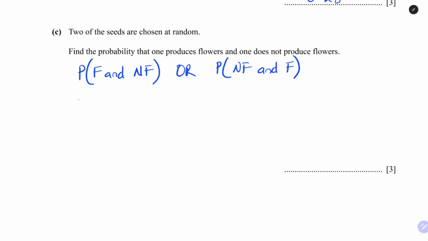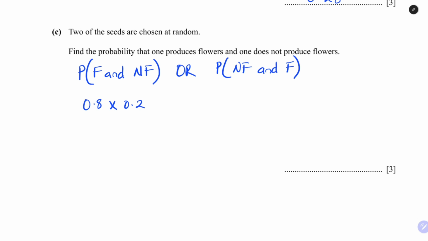Okay, so the probability that you have a flowering seed and the one that doesn't flower, for it to flower is 0.8 and not flower is 0.2.